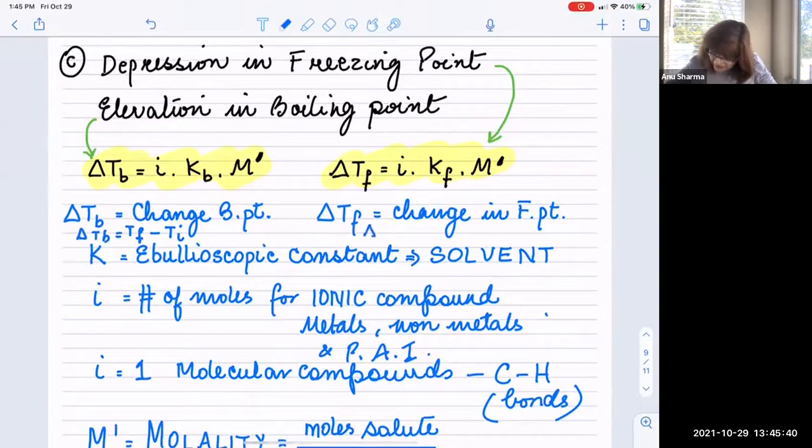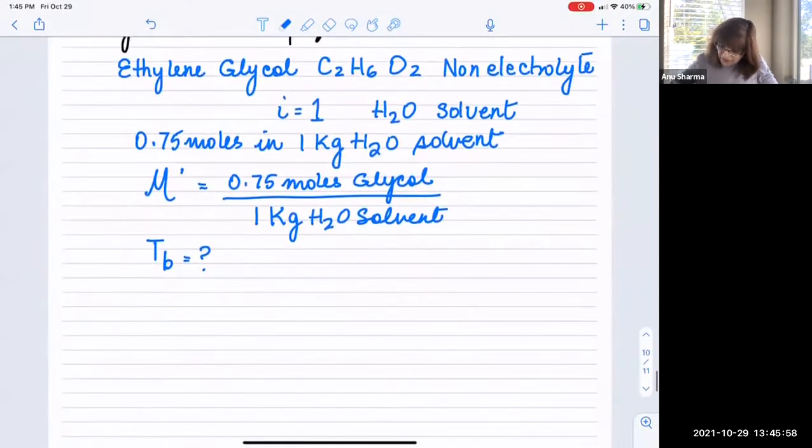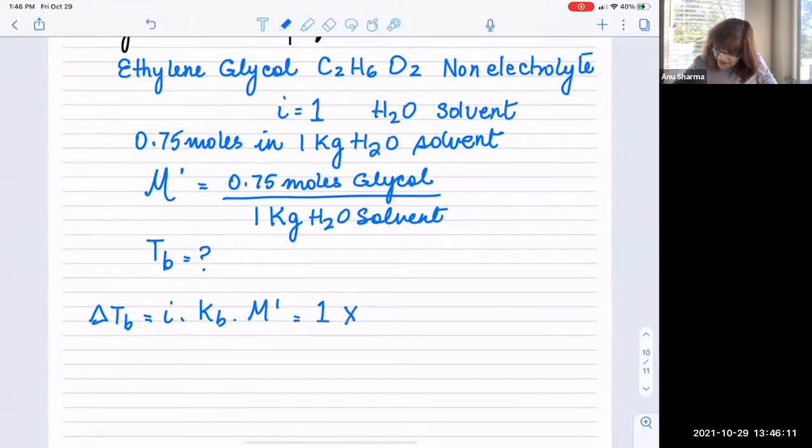Same is the case here, with f standing for final and i standing for initial. Now find the value of Tb. So delta Tb is equal to i times Kb times m. So i is 1 times the value of Kb.